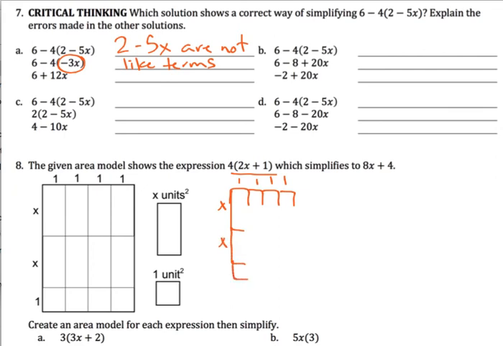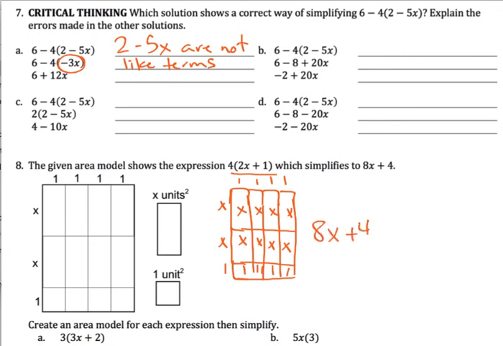So there's 2x plus 1. And then I fill in the box, and you can see the answer I get. These are all x square units, and these are all 1. So it ends up being 8x plus 4 as an answer. And you're going to do that on part A and part B down there.